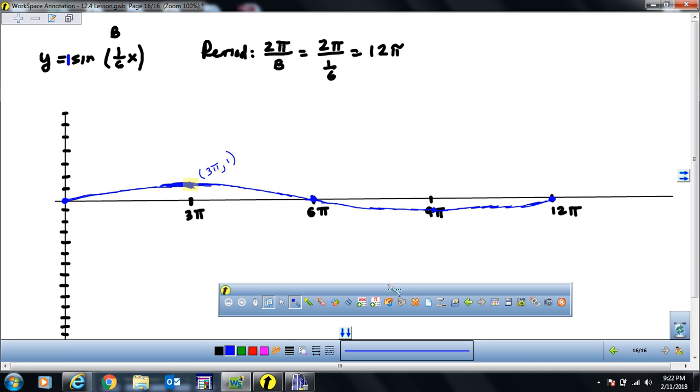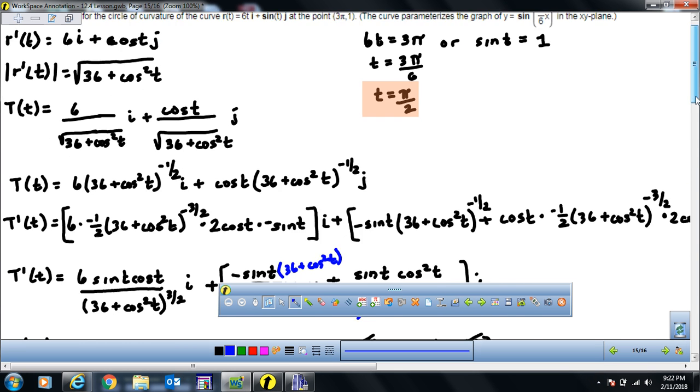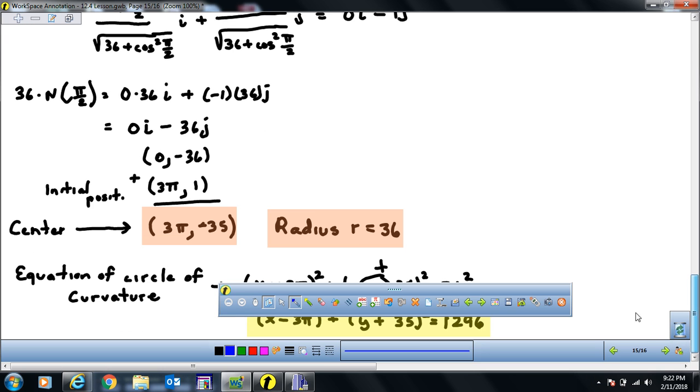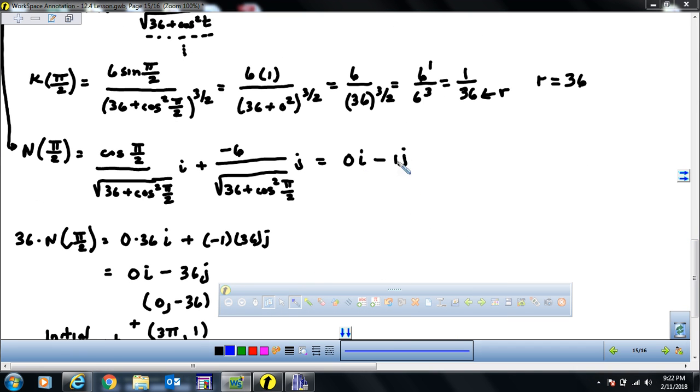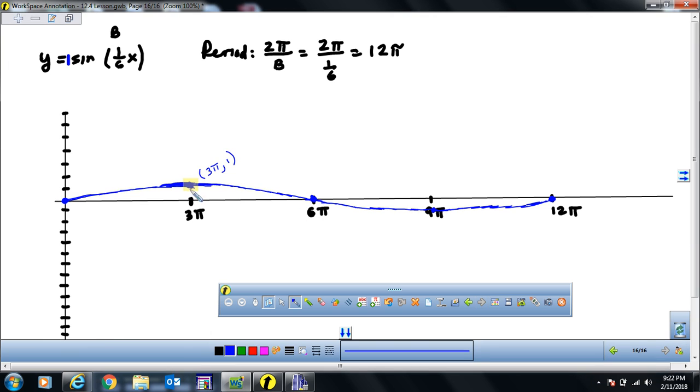And according to the definition, what was the normal vector that we found? Go back and take a look at it. The original unit normal vector was 0i minus 1j, right? You see that the circle of curvature, the center of the circle, is going to go down here, so 0i minus 1j, it is going in this direction.